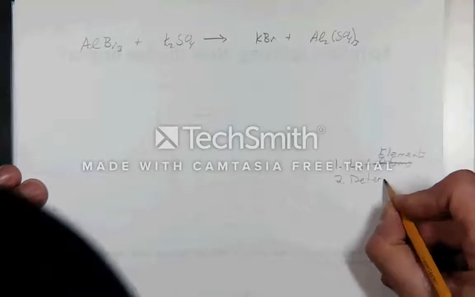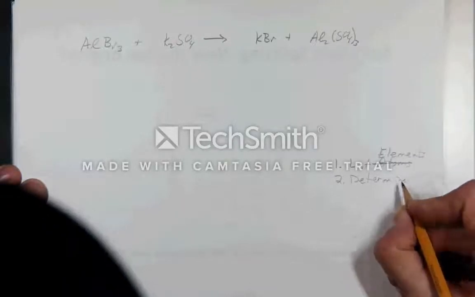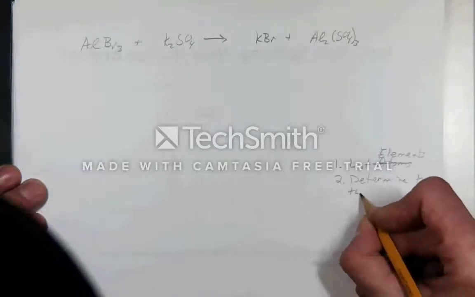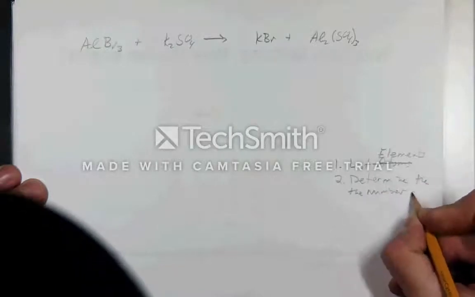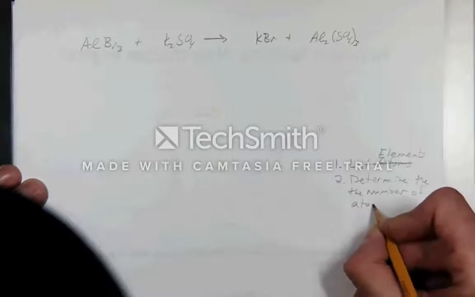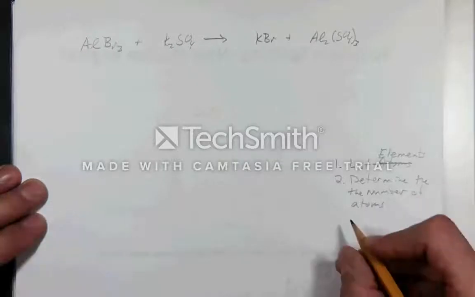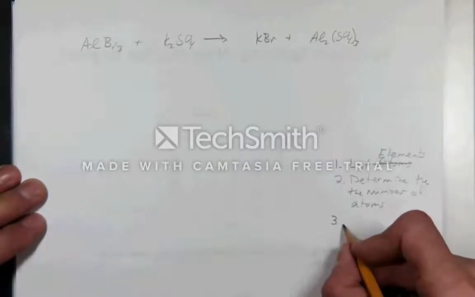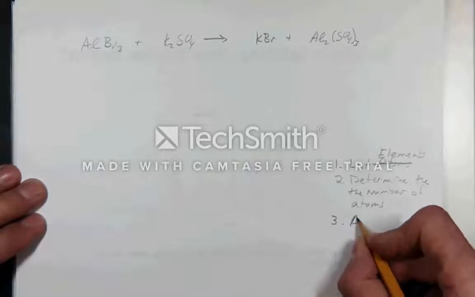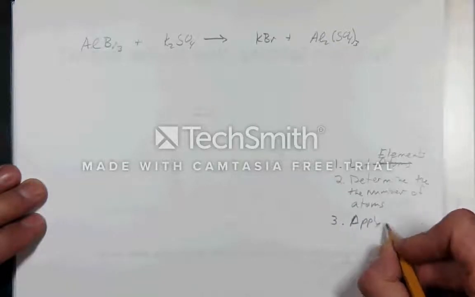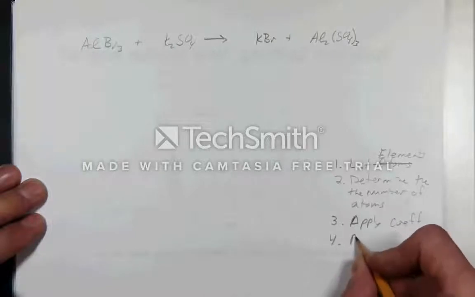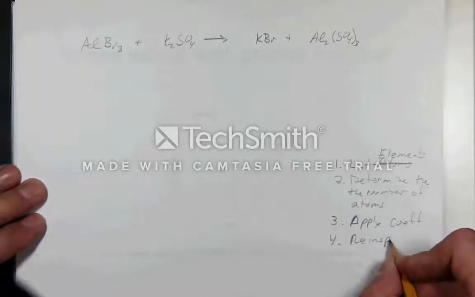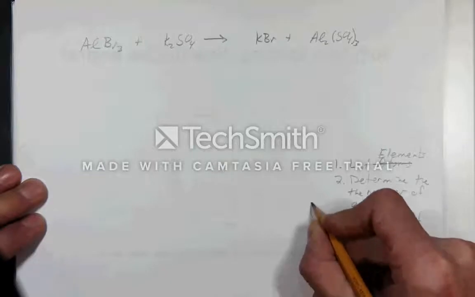Number 2, determine the number of atoms. Number 3, we apply coefficients. And number 4, we reinspect, which means we go back up to number 2.